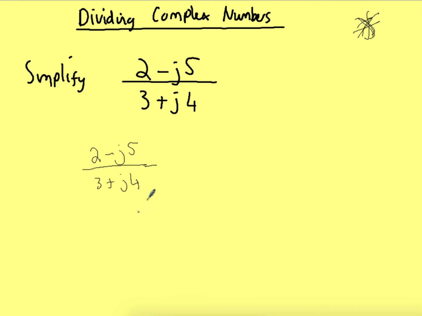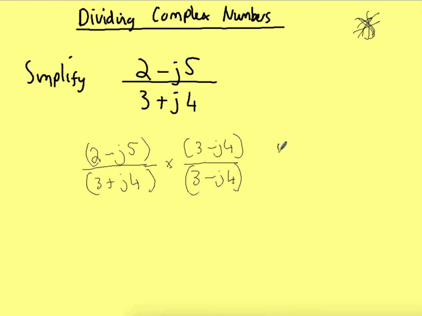Right, now, I know from maths that I should never have a complex or some horrible term on the bottom of a fraction, right? Now, what we do is we multiply the top and the bottom by the complex conjugate of the bottom. That would be the complex conjugate of the bottom over the complex conjugate of the bottom. Because that doesn't change the number, because that's just the same as multiplying it by 1. But it makes everything come together and it makes everything nicer.